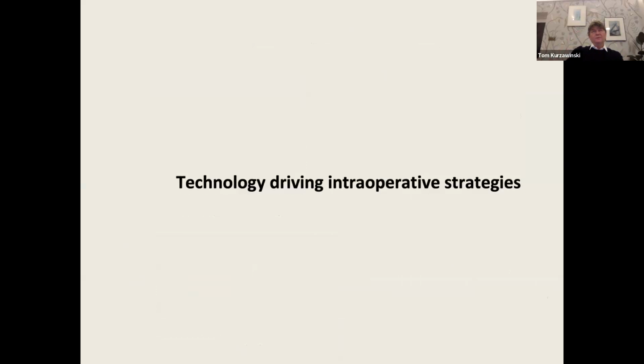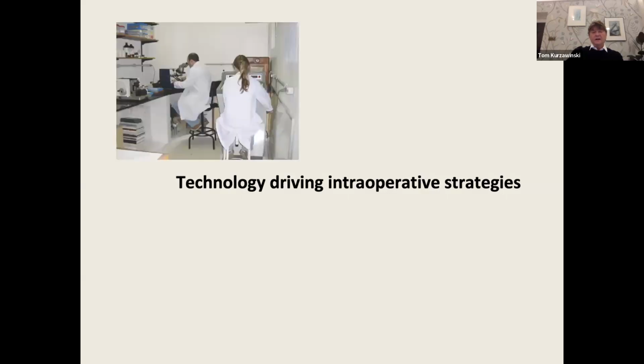So, because preoperative imaging has sort of stalled at some stage, ultrasounds were getting better and better, and CT scans were getting better, but they were not really getting better in the last few years. They are very good as they are. People started looking a long time ago for various technologies to help with decision making during the operation.